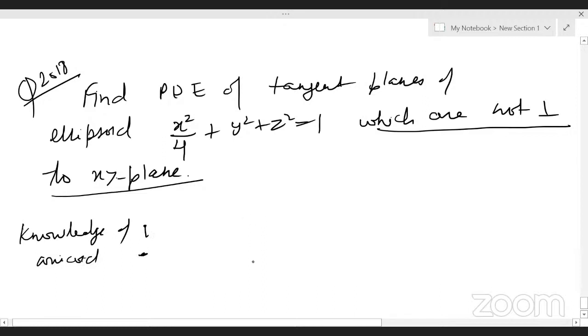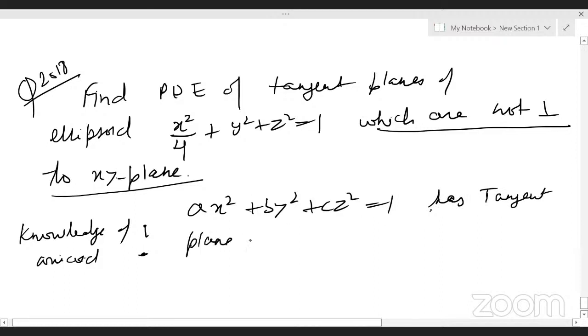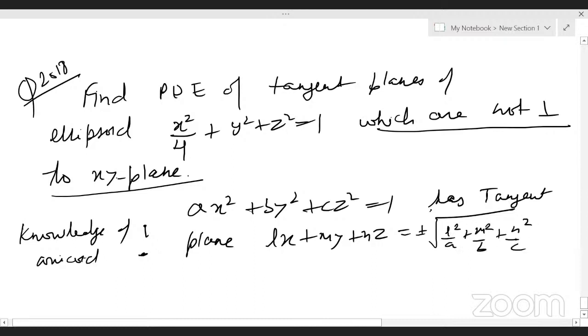Any conicoid ax square plus by square plus cz square equal to 1 has tangent plane lx plus my plus nz is equal to plus minus under root l square by a plus m square by b plus n square by c.